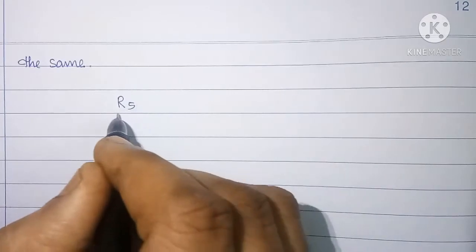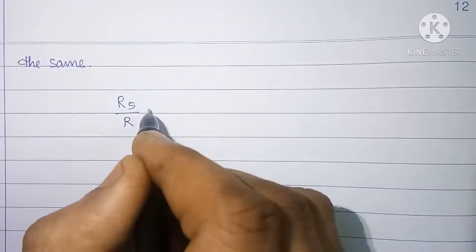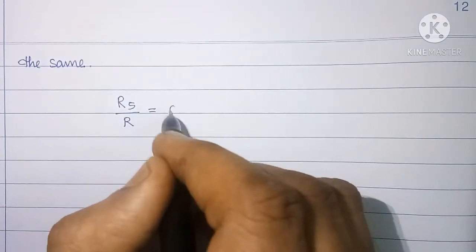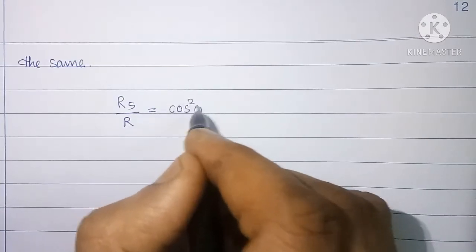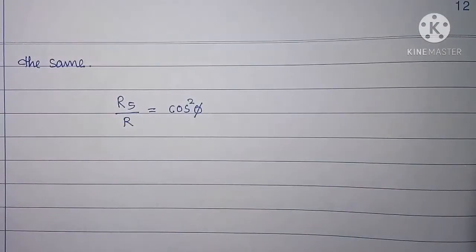So I can write R5 by R equal to cos square phi.